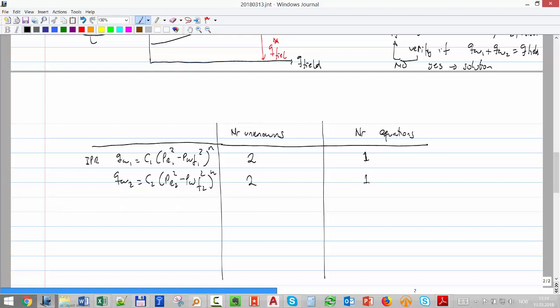Now we move forward to the tubing equation. How does it look?